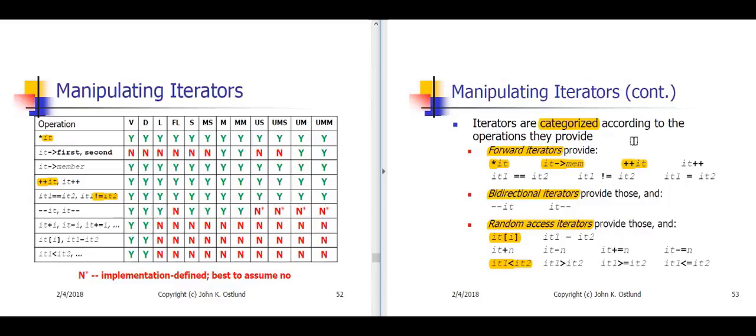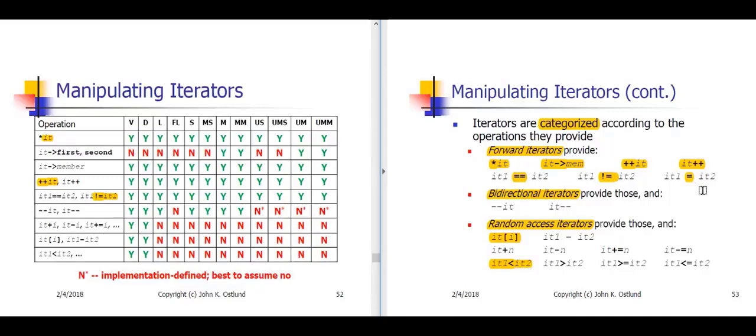And not only must it support the pre-increment, but it must also support the post-increment. Now, the post-increment, it turns out, is less efficient than the pre-increment, and so the post-increment is very seldom used. A forward iterator also needs to support equality testing, also inequality testing, and assignment of an iterator to another iterator of the same type.